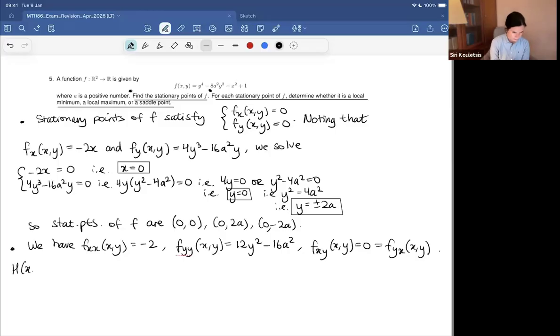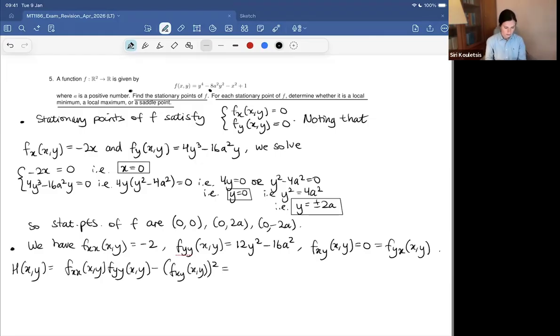And now the Hessian, which is given as follows, is fxx times fyy minus fxy all squared, which gives us minus 24y squared plus 32a squared.